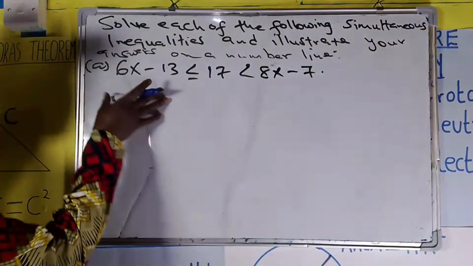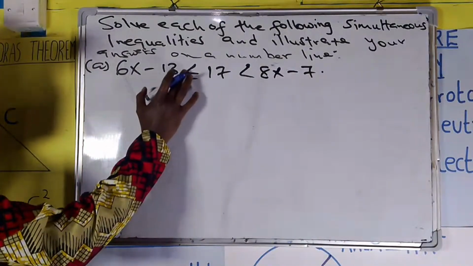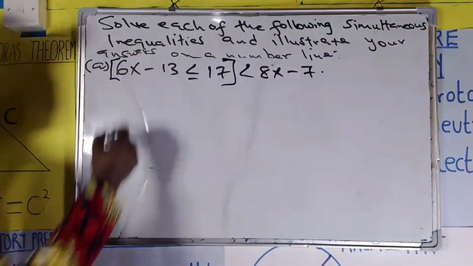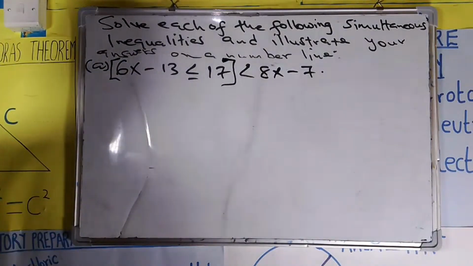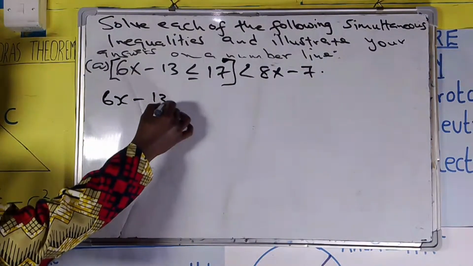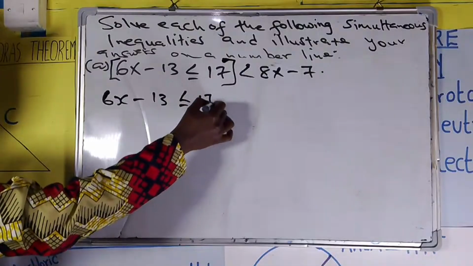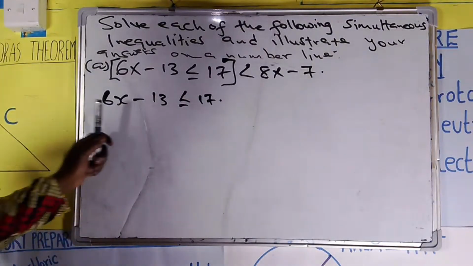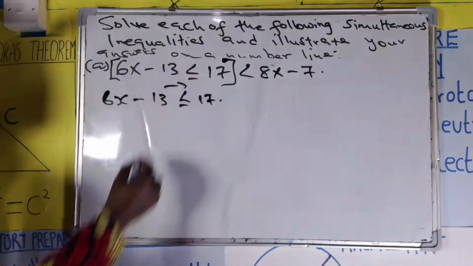So huwa tunachukua za kwanza mbili. 6x minus 13 is less than or equal to 17. Tunachukua mpaka hapo. Tukichukua mpaka hapo, kwanza tuna solve 6x minus 13 is less than or equal to 17. Ukisolve hii kwanza, si itaenda the other side.